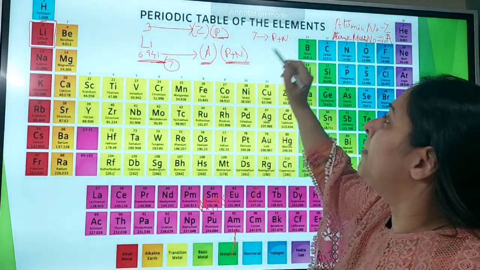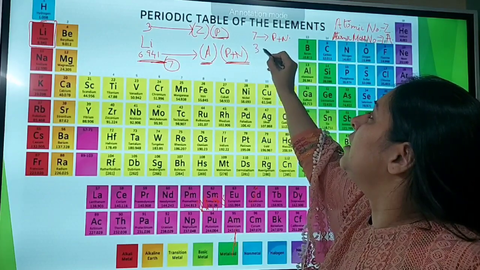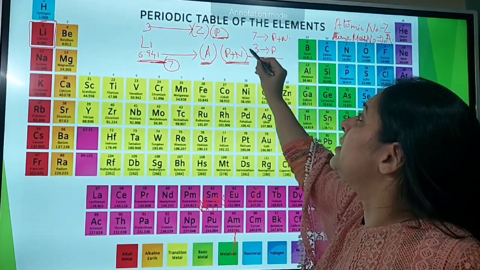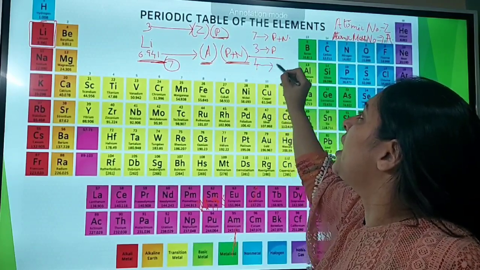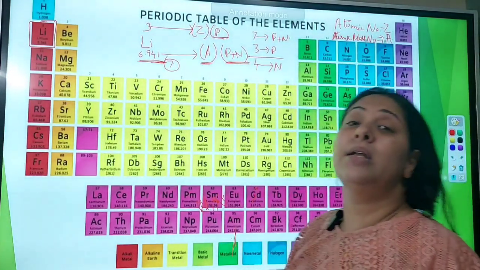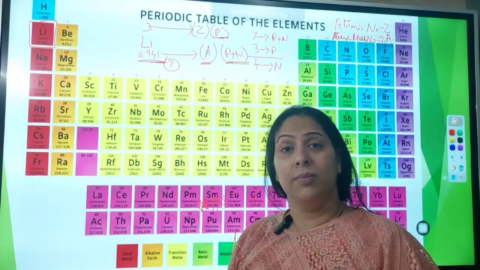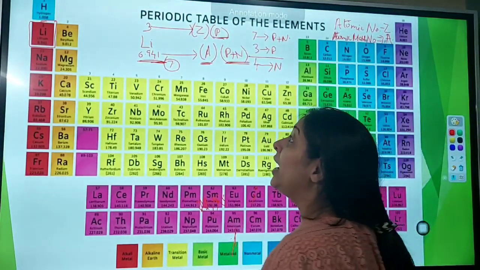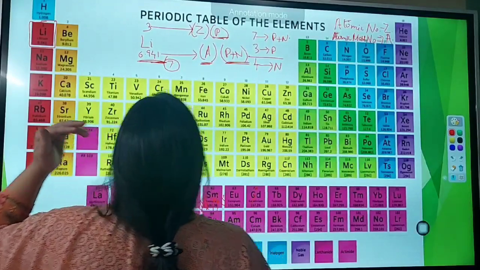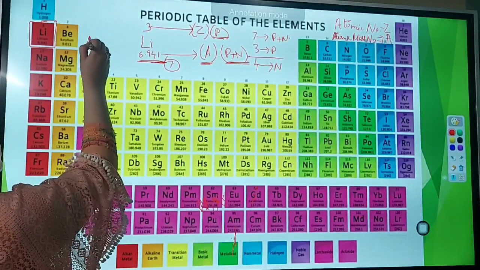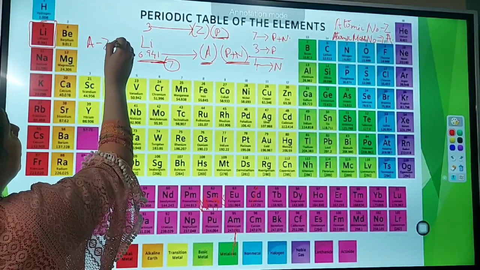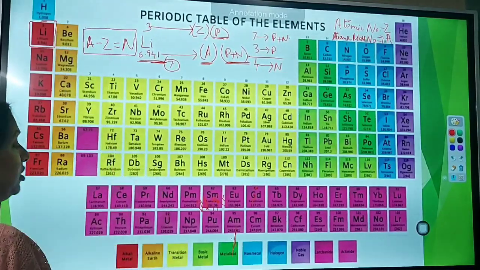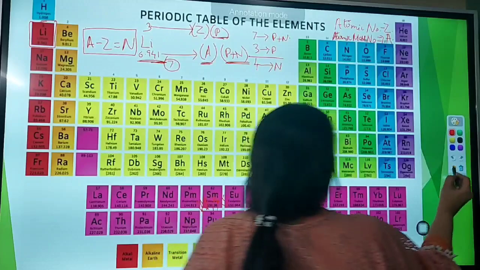And the atomic number, which is 3, gives me only protons. So 7 minus 3 is 4. So what is 4? Will it not be the number of neutrons? Yes, children. By these two letters, A and Z, can we not find out the number of neutrons in an atom?